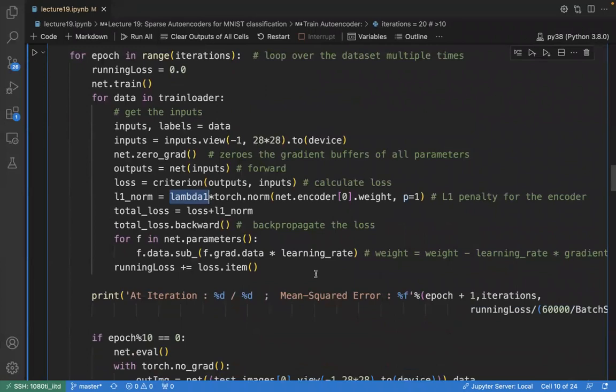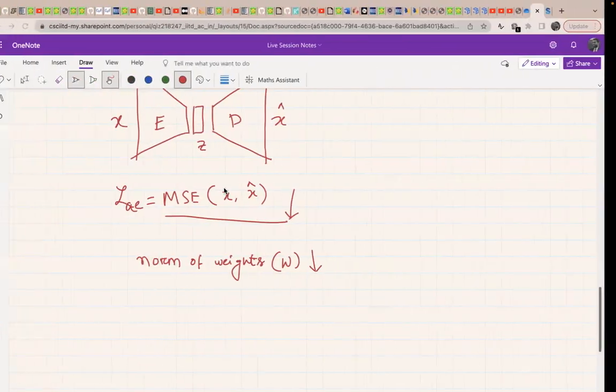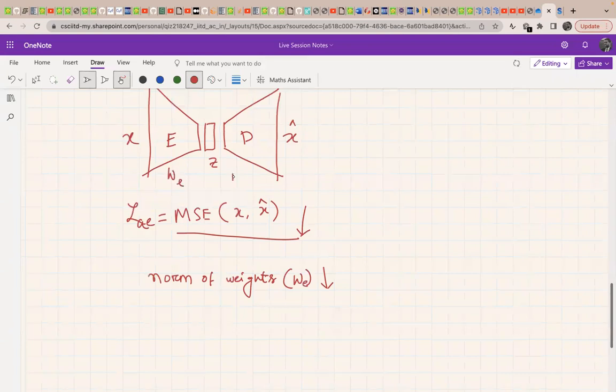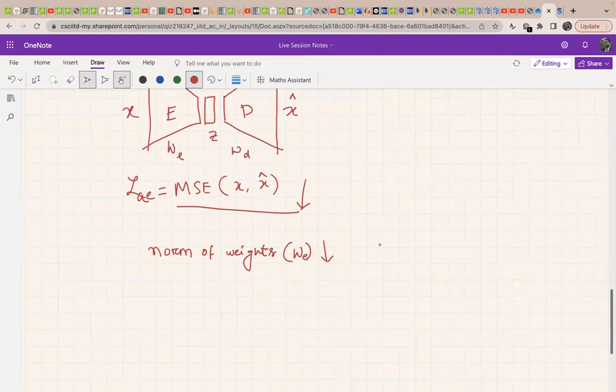So here we are taking the norm of the encoder weights, like torch.norm of net.encoder[0].weight, the weight of the encoder and the weight of the decoder. We multiply the norm with the sparsity factor, how much we want to make the weights sparse.